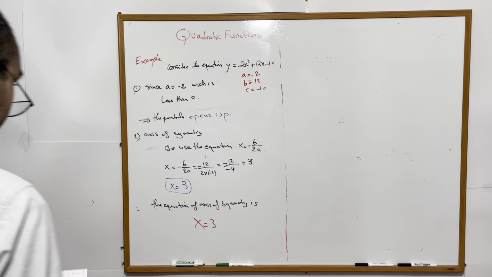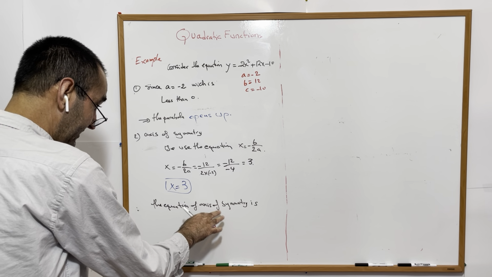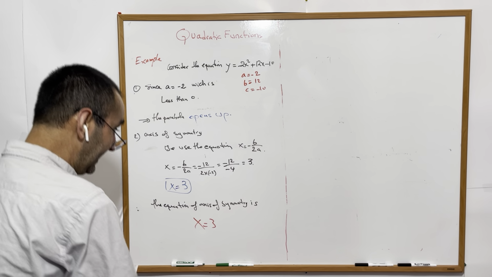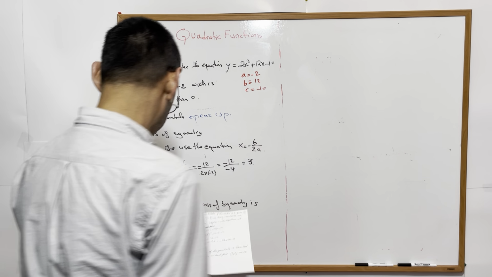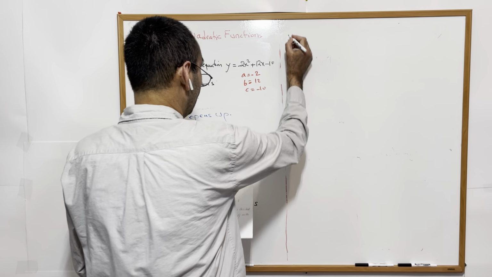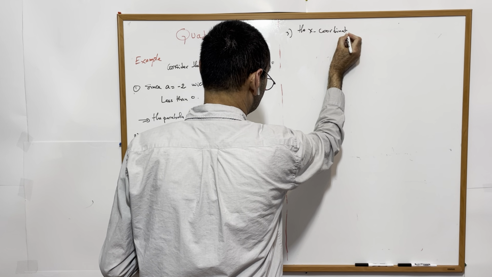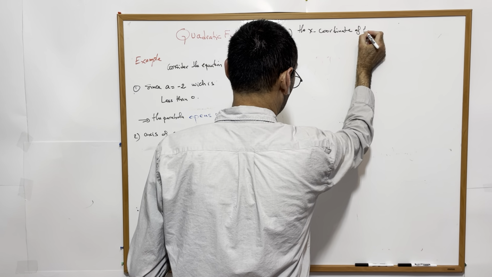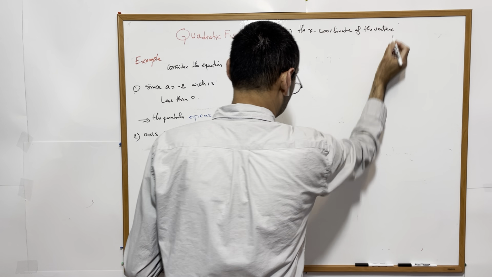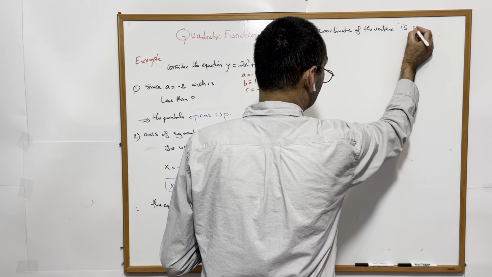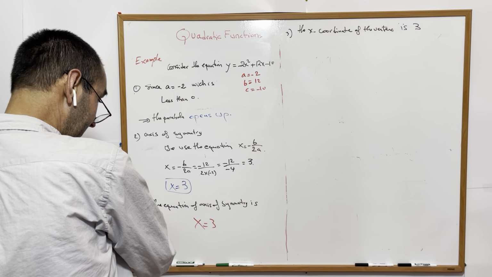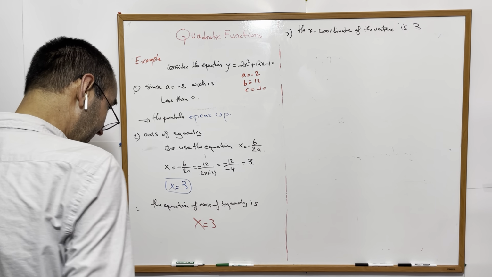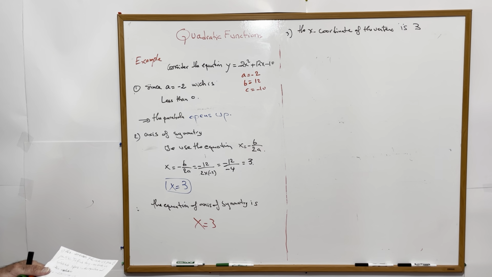I explained before that this is the equation of the axis of symmetry, and the same thing is the x coordinate of the vertex. This is the third one now. The x coordinate of the vertex is 3, because the x coordinate is the same as the equation of the axis of symmetry.